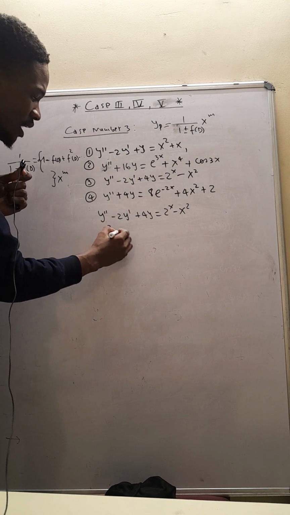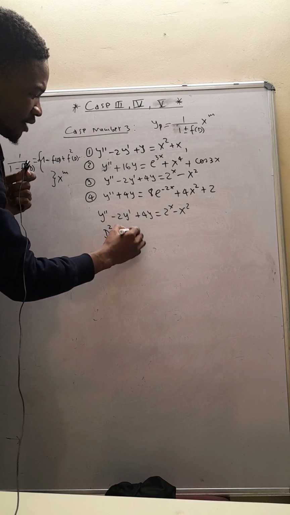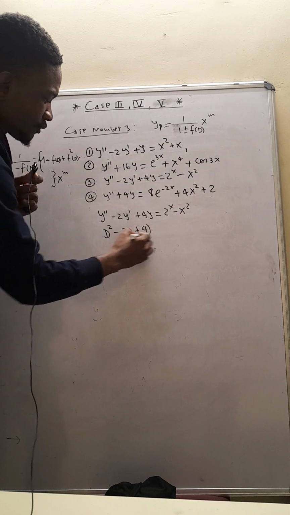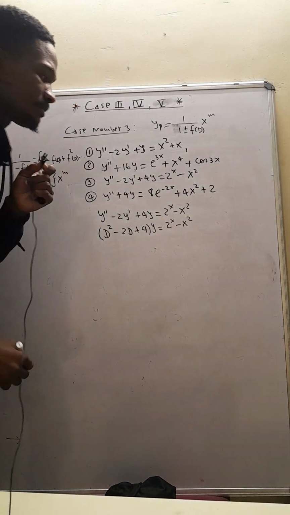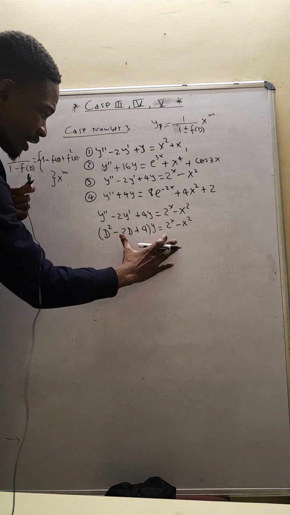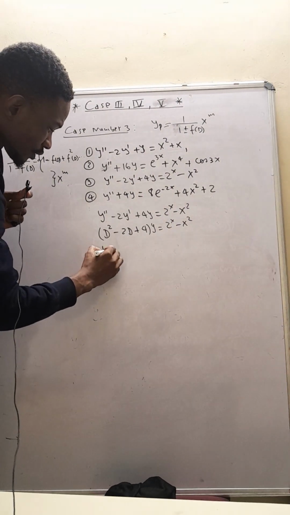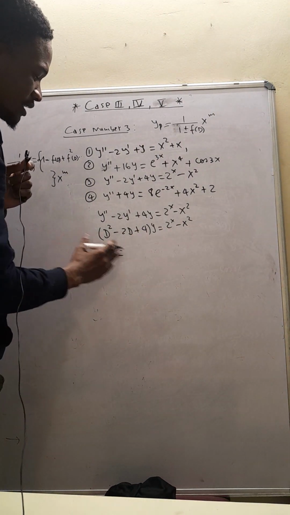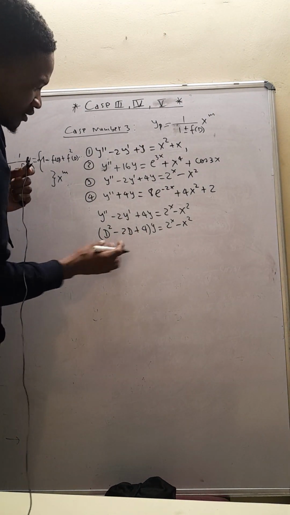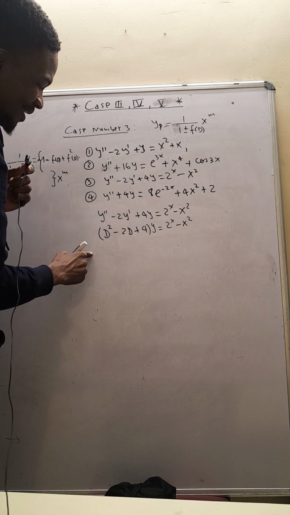It will be d squared minus 2d plus 4, this is y, 2 raised to x minus x squared. Okay, see here then we have to find what is my yc. Just by looking here, I cannot say my yc directly is this or that. Yeah, we have to calculate here, no way.